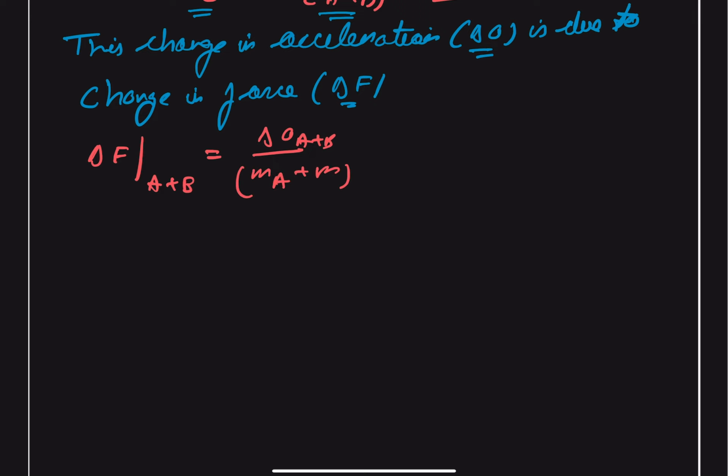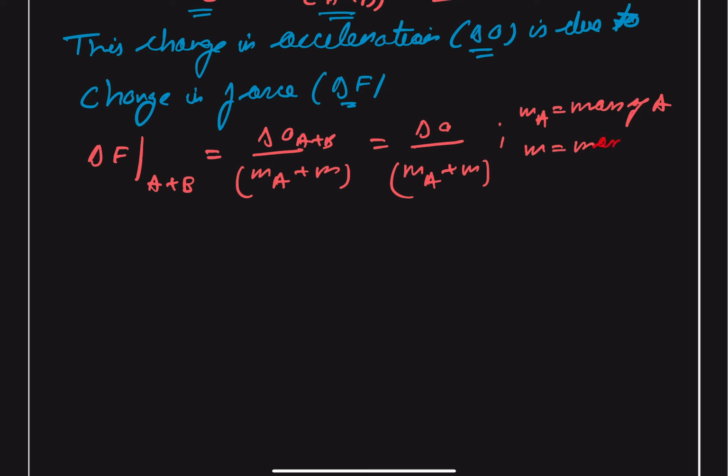And delta A for A plus B, we have just said, let us suppose that is equal to delta A. So this is equal to delta A upon MA plus M, where MA is mass of A, which we are supposed to find out, and M is mass of B. It is given.